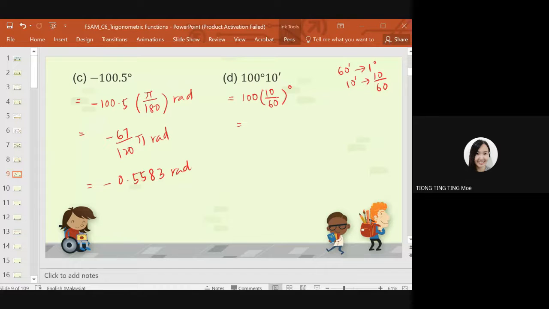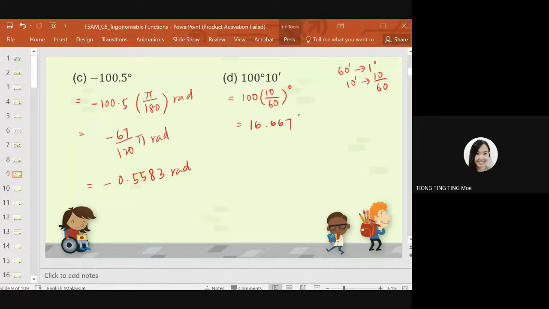So 10/60 becomes 1/6, times 100. So we get 50/3, or 16.667.